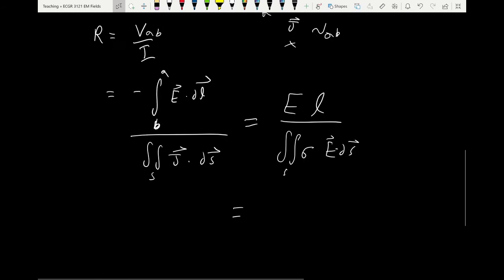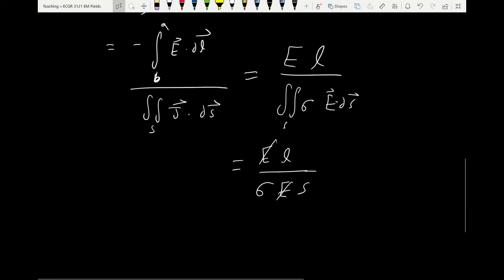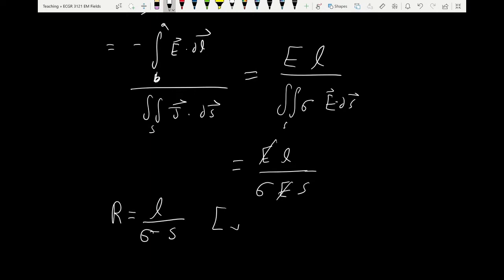So this just equals EL over sigma E S, where S is the cross-sectional area of the cylinder. So E cancels with E, and I end up with the result that the resistance in the circuit form of Ohm's law is L over sigma S ohms.